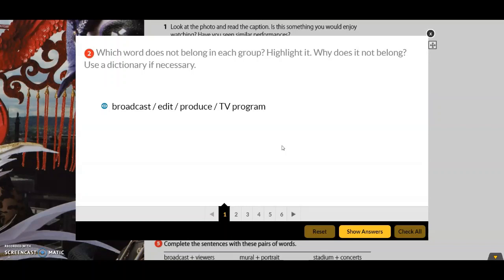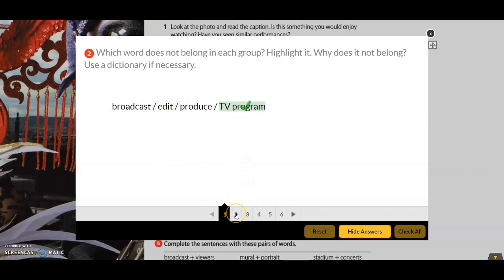Edit is a very simple word. Produce, a very obvious word. And TV program, which would be? Let's check it. TV program, yes, because broadcast, edit, and produce are verbs, and TV program does not refer to the purpose of these three.